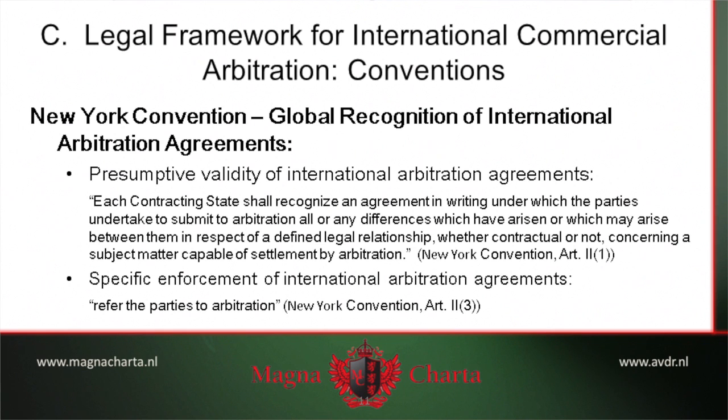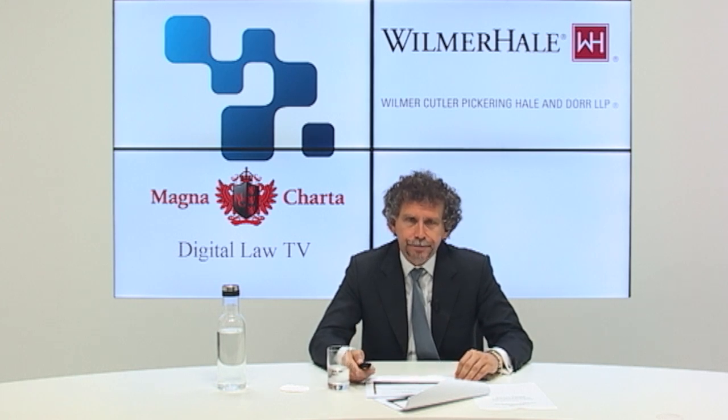And then in Article 2.3, referred to just in passing at the bottom of the slide, a remedy for Article 2.1, a requirement of specific performance. If the parties have entered into a valid arbitration agreement, national courts are required to, quote, refer them to arbitration, send the parties to arbitration, and importantly, not hear the dispute themselves.